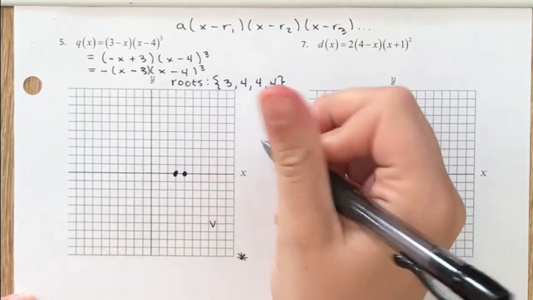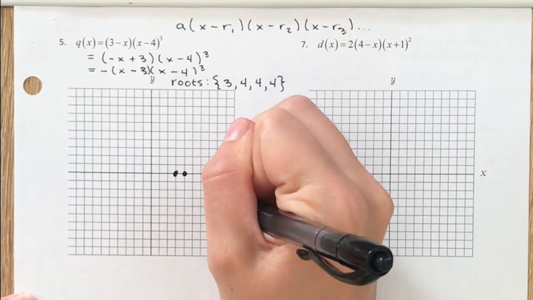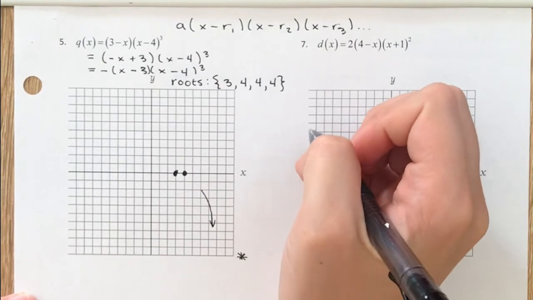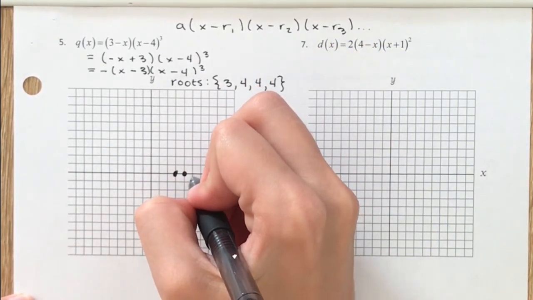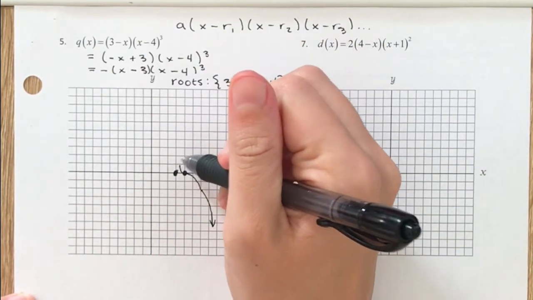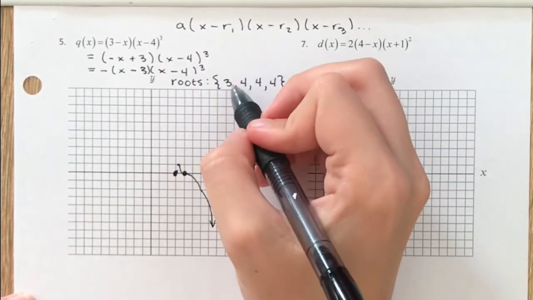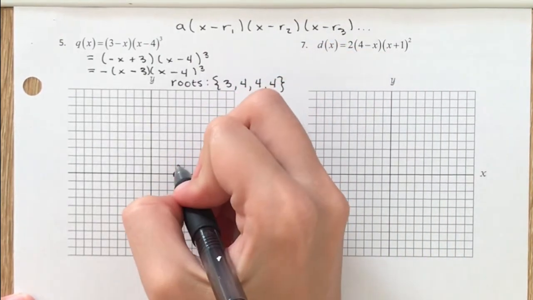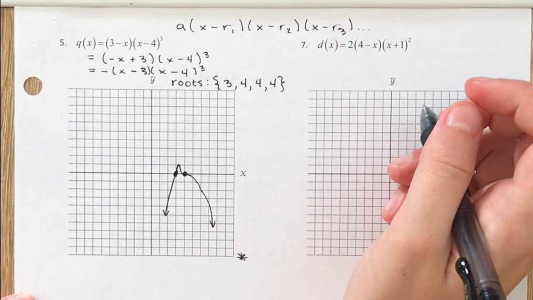We know we're starting down here. As we approach +4, the multiplicity is 3, so we're going to have a cubic shape. So we have to make that cubic shape pretty small, and then really quickly turn back around and pass straight through, right? 3 has a multiplicity of 1, so we pass straight through 3 and continue down.